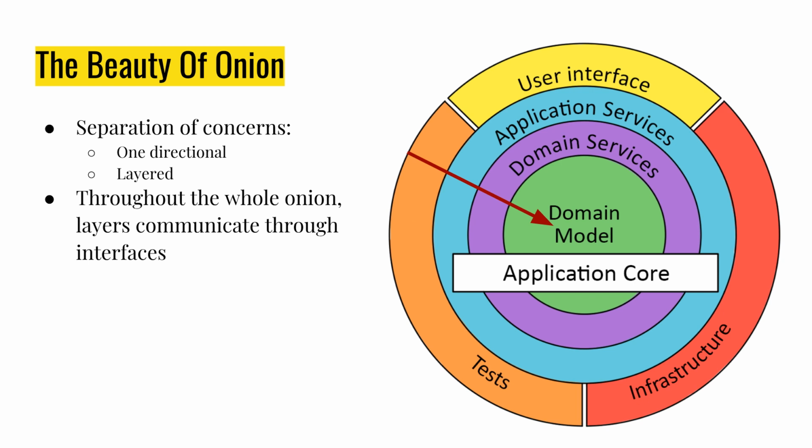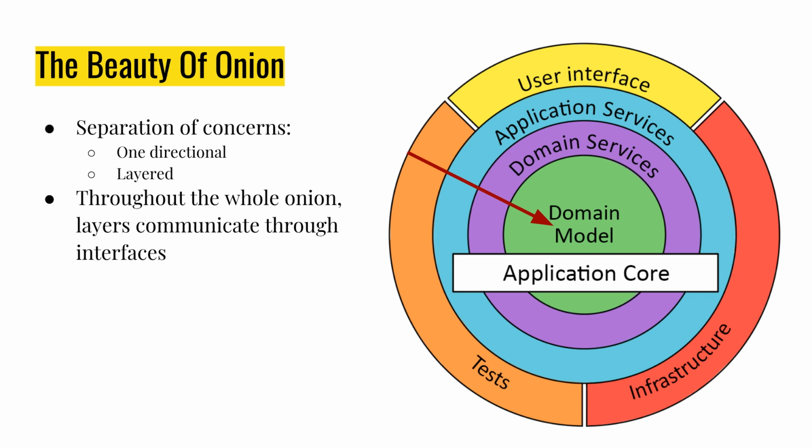That's where you hold your stuff, not where you use it. Like, you don't want to put an interface for domain services in the domain services project. You want to put it in the domain model because that's where your core, your definition of what your application can do, resides.